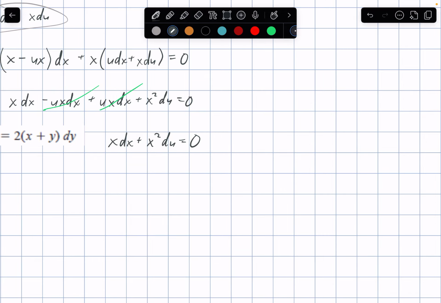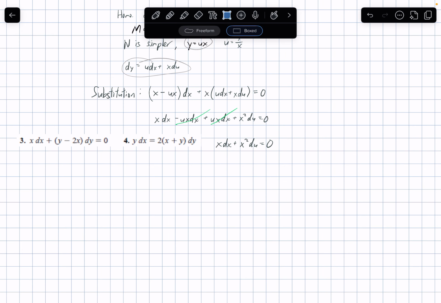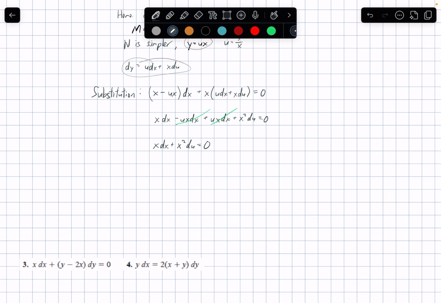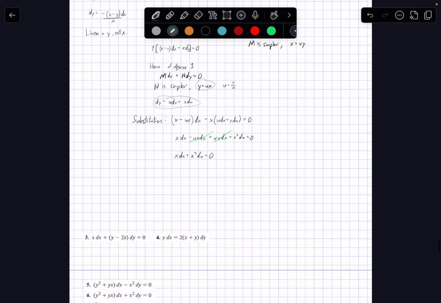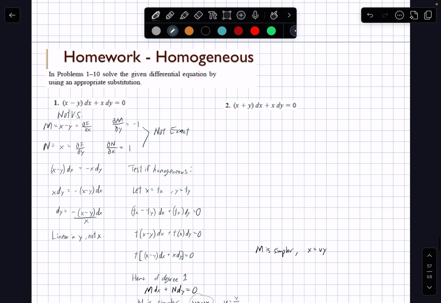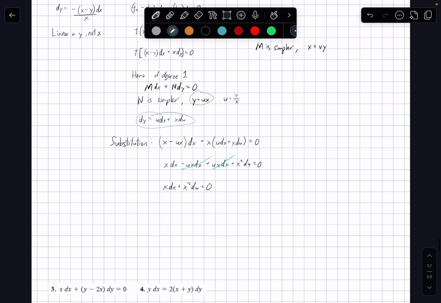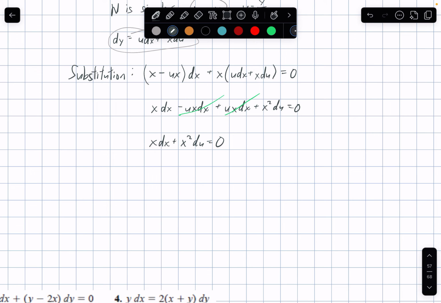I think at this point is when we start to identify. Usually at this point, the differential equation we have is variable separable.